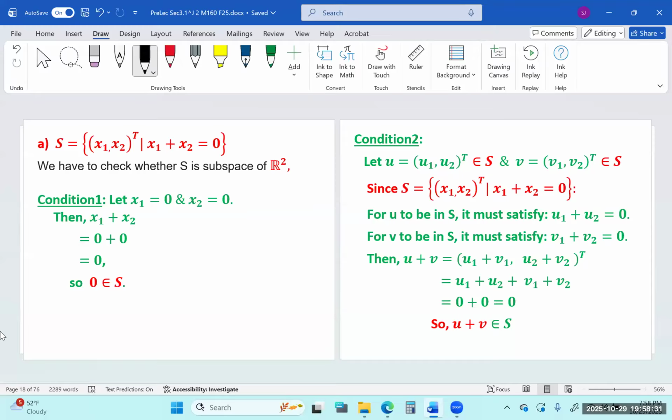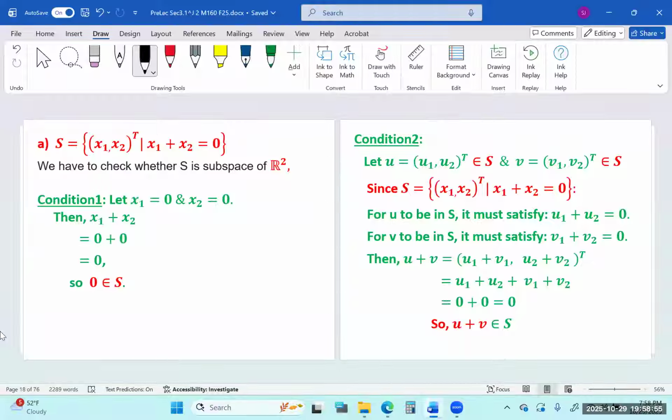Would you do u1 plus v1 and u2 plus v2? Right, and the set is saying you add the two components. So you are adding u1 plus v1 and u2 plus v2, adding all four together.